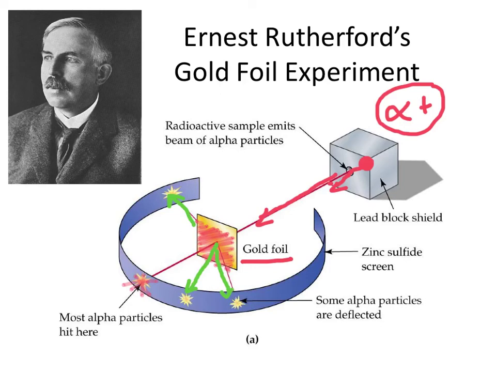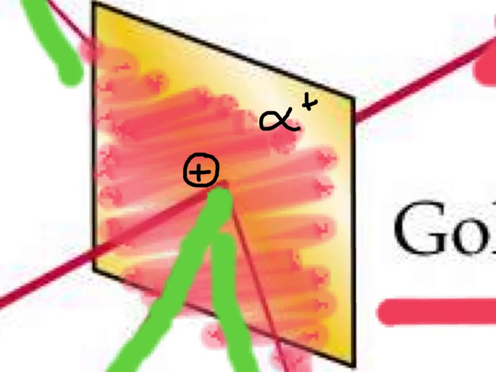So basically, the fact that these particles bounced off told him somewhere in this gold foil there has to be very concentrated, very massive amounts of positive charge. So if I zoomed way in, as the alpha particle came in, most of the time it must go passing through, because after all, most of the beam went right through to the other side.